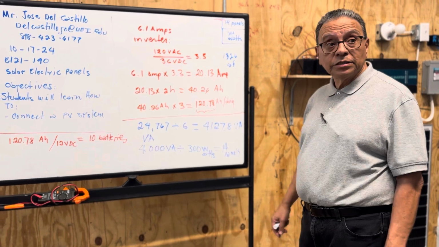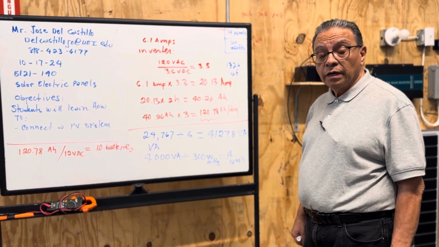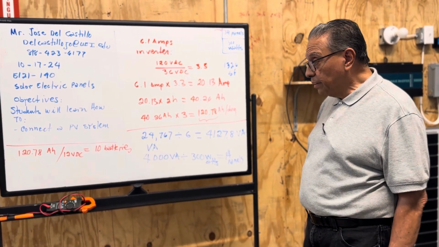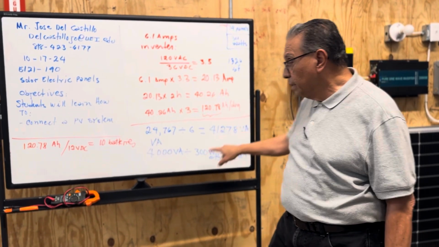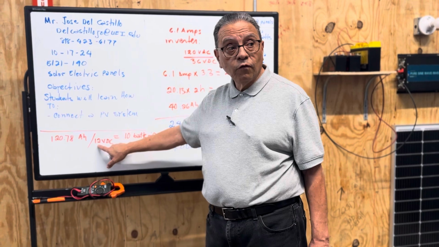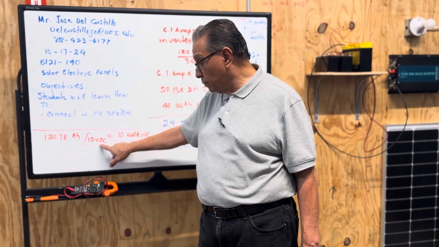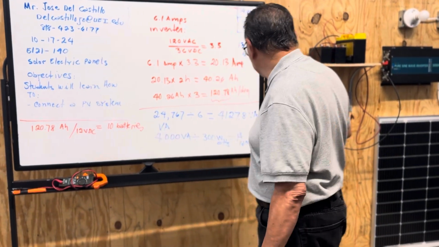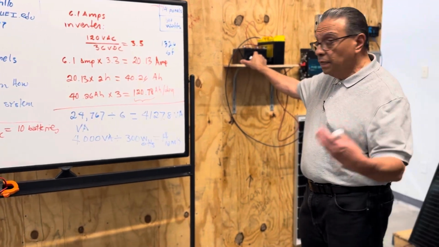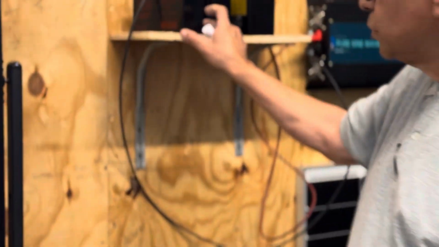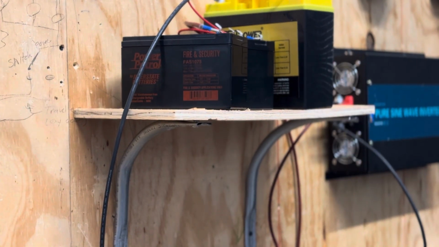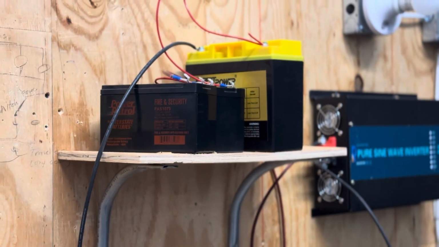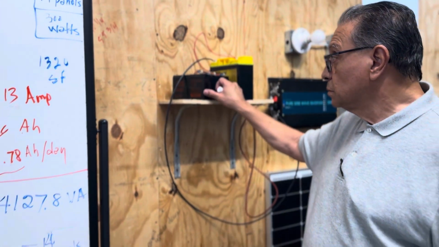Okay. And the other aspect is, this is the number of panels. How many batteries do I need for 3 days of autonomy? I divide the total ampere hours per day by the voltage that each battery is producing, which is 12. These batteries are able to produce 12 volts. That is the reason I connect 3 of them in a series circuit for a total of 36 volts.